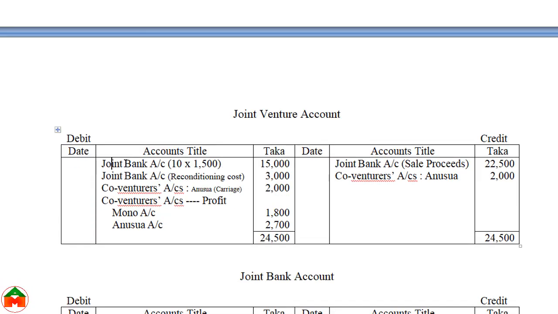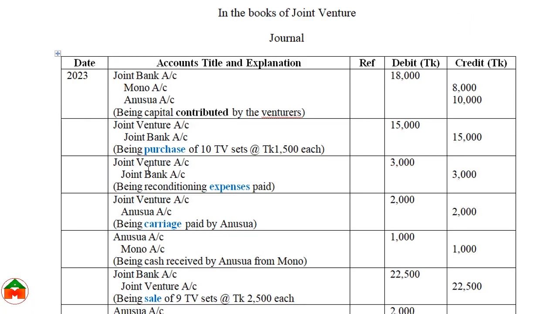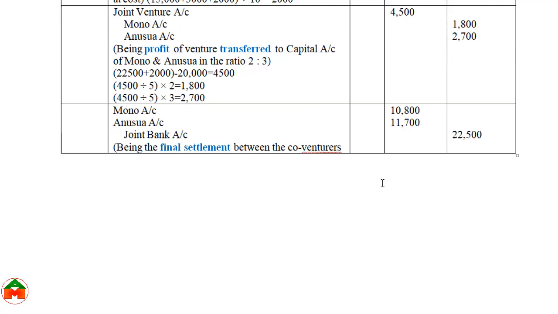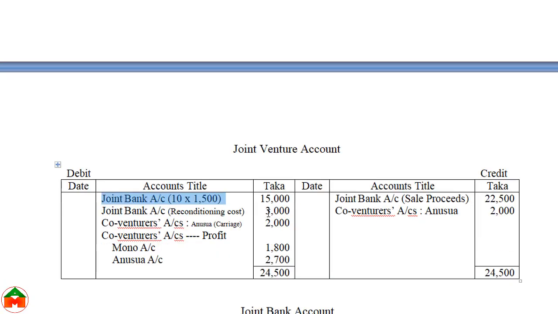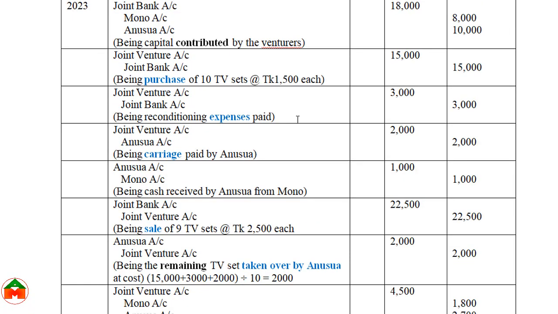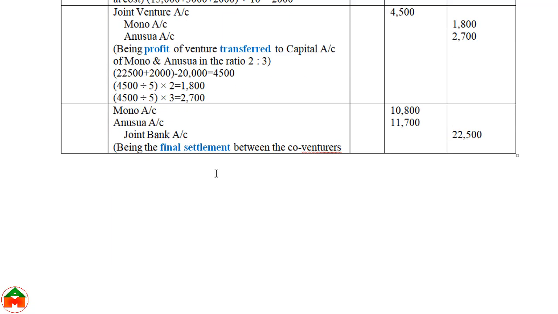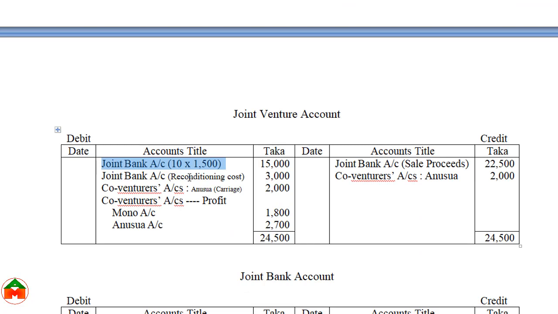So here joint bank account, this is shown for the purchase. Then we can see there is another joint venture account debit. So this debit amount 3,000 is shown here, and the title should be the opposite, joint bank account. So joint bank account, this is the cost for reconditioning.